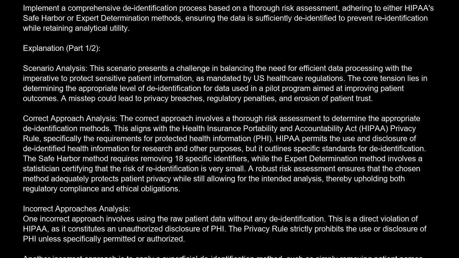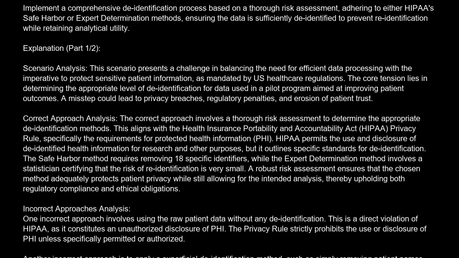The safe harbor method requires removing 18 specific identifiers, while the expert determination method involves a statistician certifying that the risk of re-identification is very small. A robust risk assessment ensures that the chosen method adequately protects patient privacy while still allowing for the intended analysis, thereby upholding both regulatory compliance and ethical obligations.